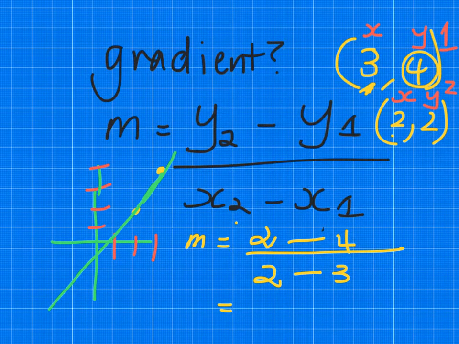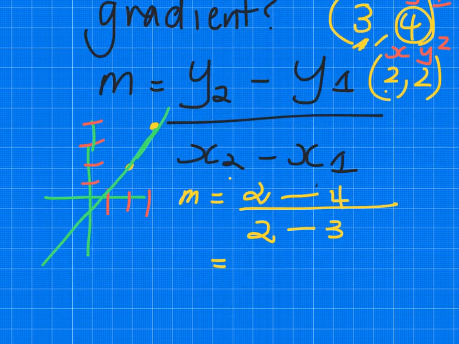Then we want to simplify this. Let me move our board slightly up. So we are left with negative 2, because 2 take 4 is negative 2.